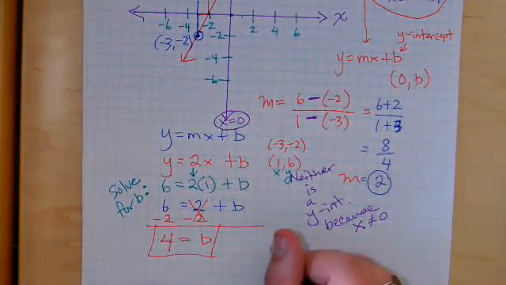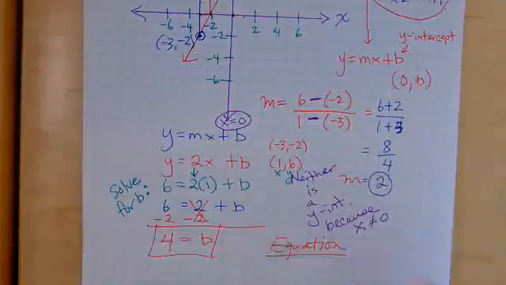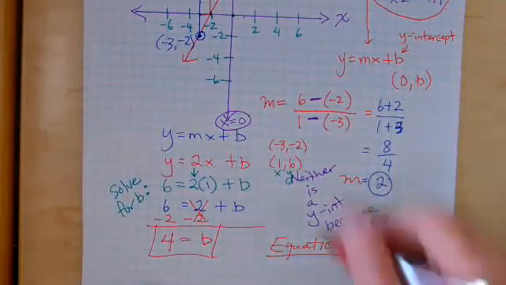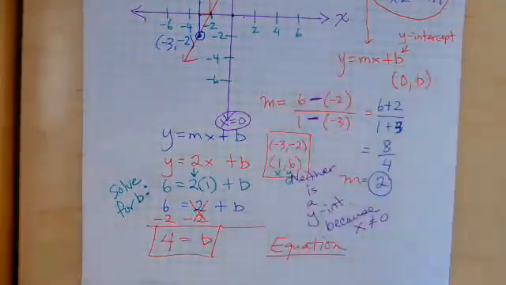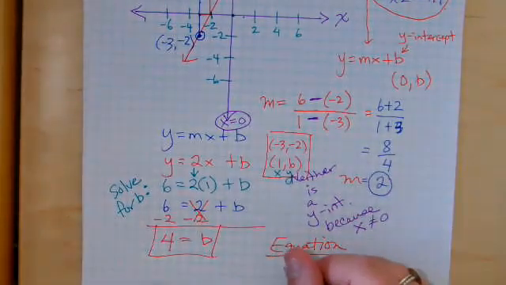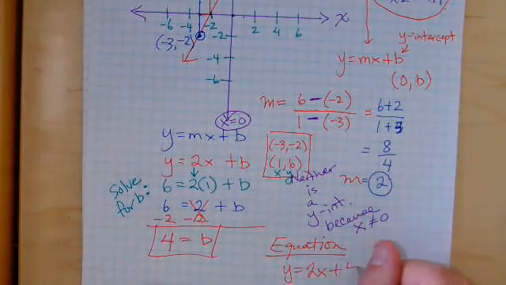So what's the equation that passes through these 2 points? Y equals 2x plus 4. This is the equation.